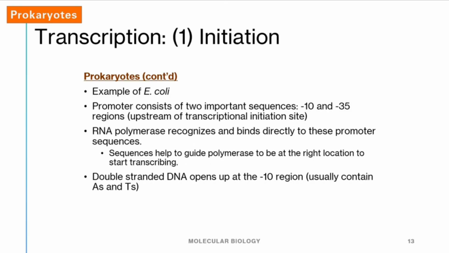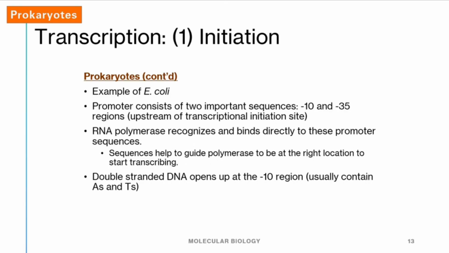The RNA polymerase will recognize these two sequences and bind to these promoter sequences. And they will help to guide the polymerase to be at the right location to start the transcription. So you can imagine that after the RNA polymerase recognizes these two sequences, they will help to put the RNA polymerase at the correct place where it can open up the DNA strands.